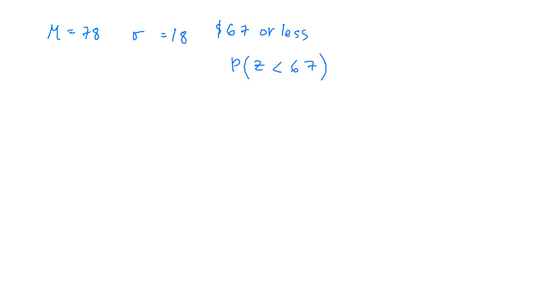The first question in your homework is to enter the z-score for your calculation. You know the z-score from the formula: z is equal to the variable minus the mean over the standard deviation. So 67 minus your mean, which is 78, over your standard deviation, which is 18.